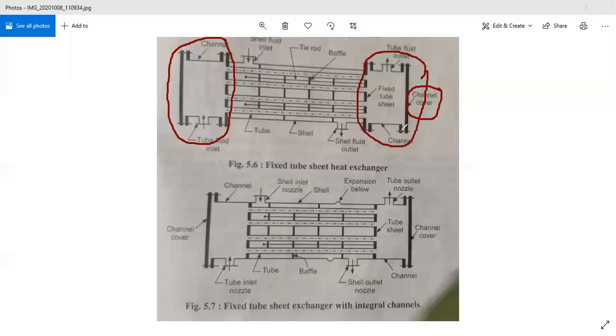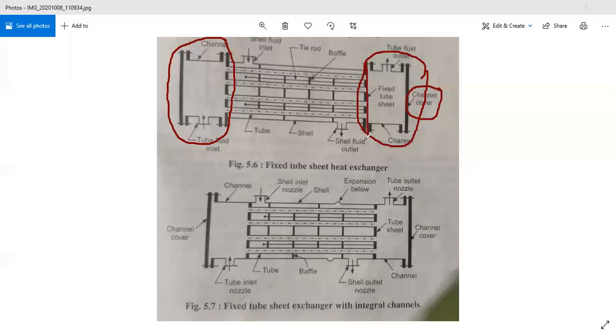So for repairing and maintenance purposes, you can dismantle this channel cover from the shell and tube heat exchanger, and you can go for the repairing, maintenance or cleaning of the tubes or other parts of the shell and tube heat exchanger.